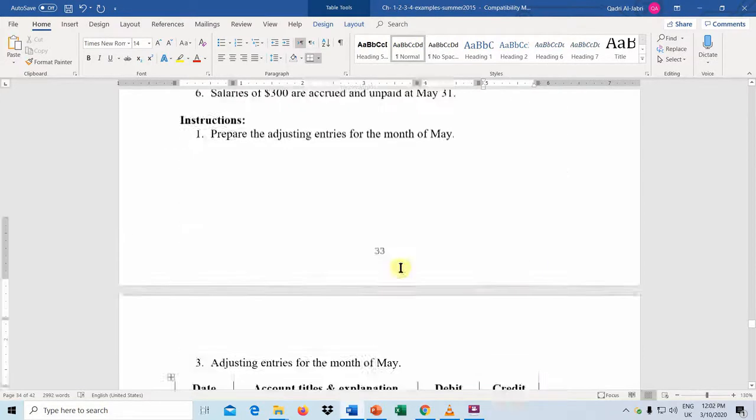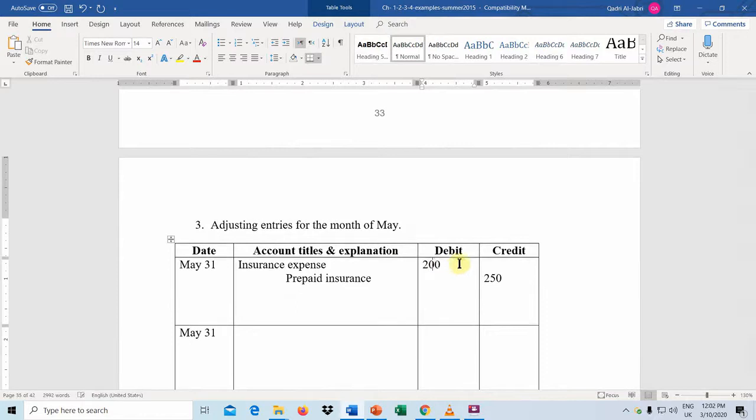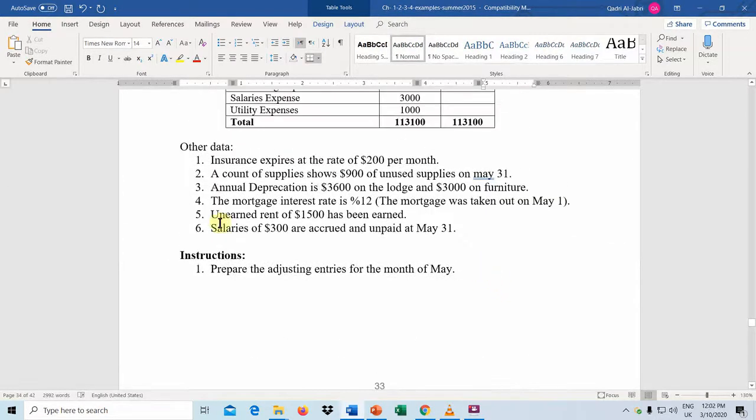Sorry, it is 200, so it will be 200 and 200. Already it was given to us how much the insurance is per month, so we don't need to calculate it.